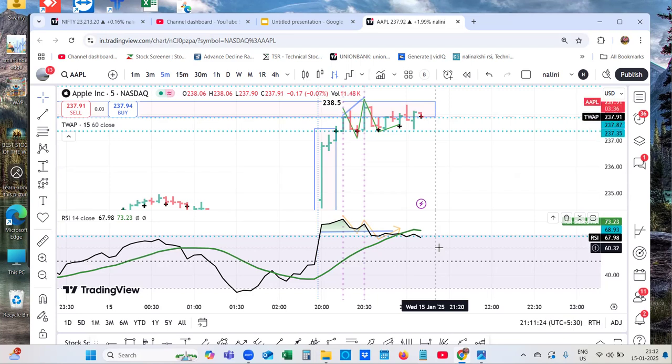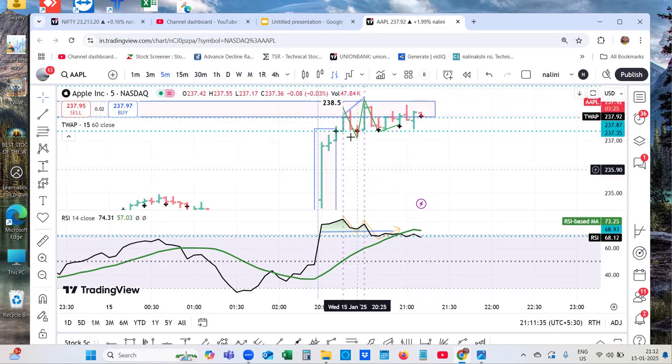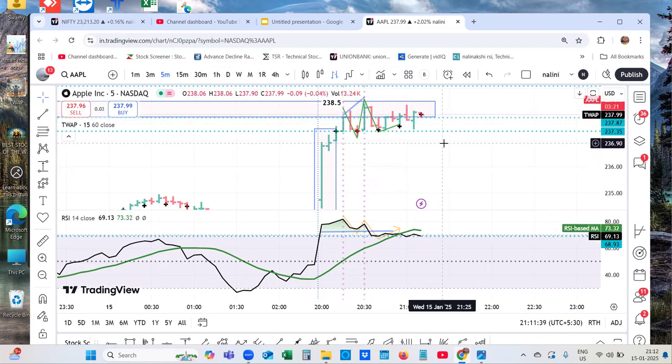Because this is what I wanted to say. When you are selecting this setup in an overbought or oversold condition, definitely you need to wait. You need to wait. It takes time for the reversal to set in.